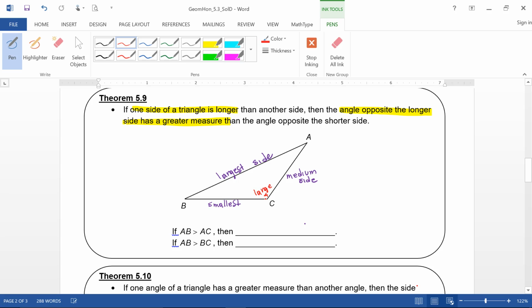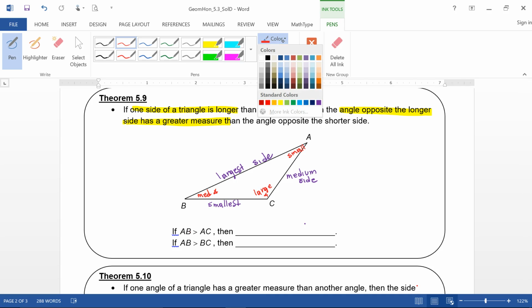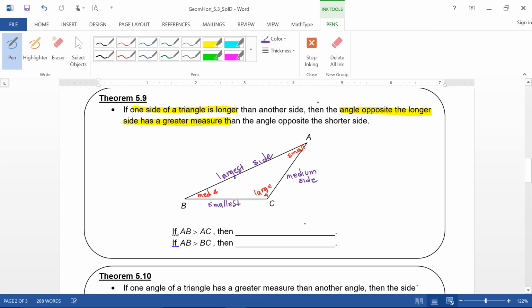Which one is the medium angle then? Angle B. And the smallest angle, this one. Okay? So the one opposite to the smallest side is the smallest angle and vice versa. So if AB is greater than AC, then which angle would be greater than which other angle?